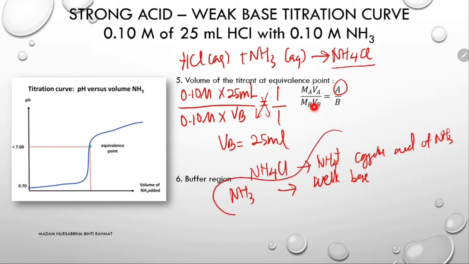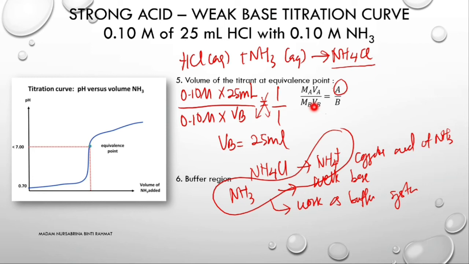These two components can work as a buffer system, so a buffer region exists in this titration curve. But which is the buffer region? Is it before reaching the equivalence point, or after? The buffer region depends on what is your analyte and what is your titrant.